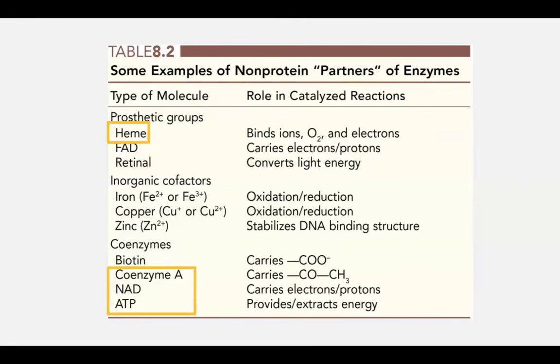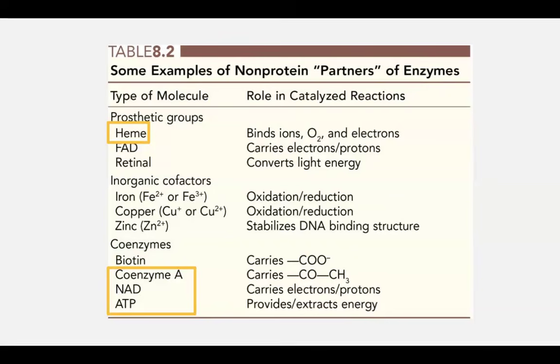Some enzymes require partners along with the substrates they're bound to. Prosthetic groups are non-amino acid groups that are bound to the enzymes. As you see, you have several different types of prosthetic groups. Honestly, I don't think you'd need to memorize all the specific types of prosthetic groups or cofactors, coenzymes, etc. But I would say know what prosthetic groups are: non-amino acid groups that are bound to enzymes.